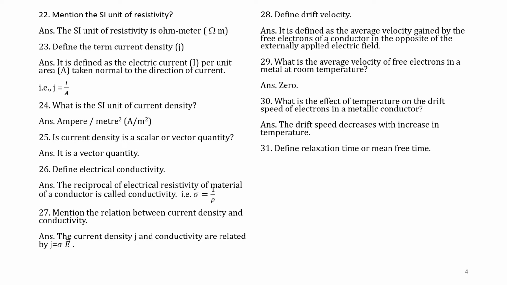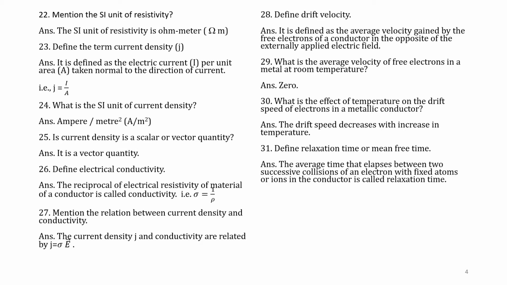Question number 31. Define relaxation time or mean free time. The average time that elapses between two successive collisions of an electron with fixed atoms or ions in a conductor is called relaxation time.